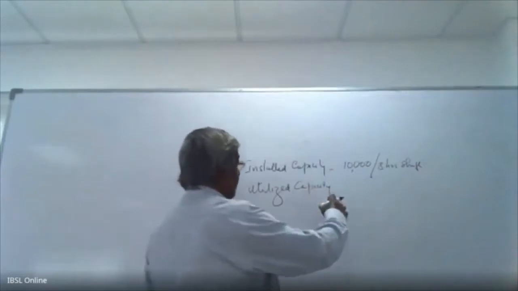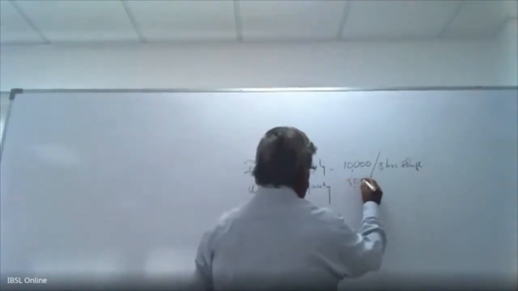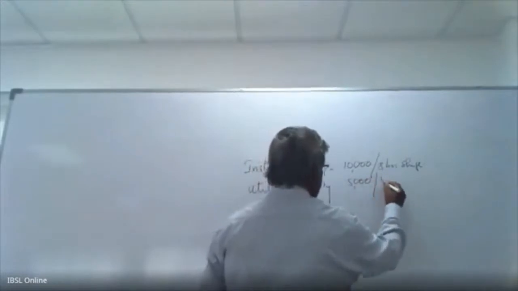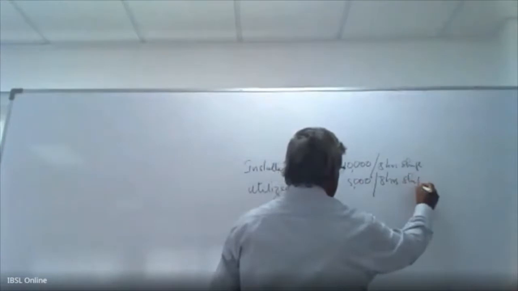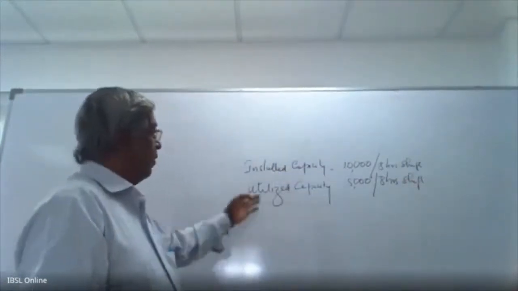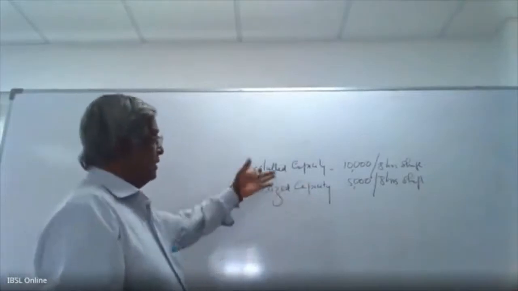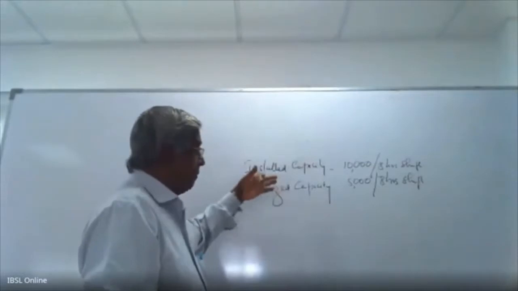Then the machinery is currently producing only 5,000 units per 8-hour shift. That we call utilized capacity. So this is the maximum capacity, and this is what we are using, utilized capacity.